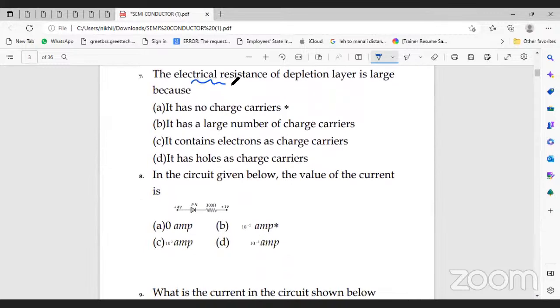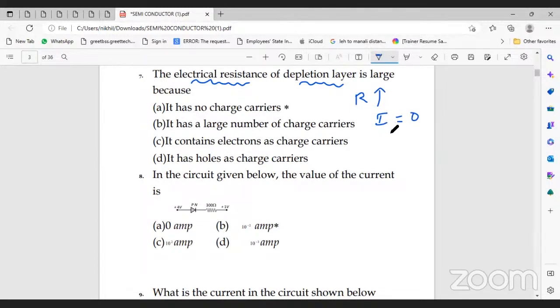The electrical resistance of the depletion layer is large. If the electrical resistance is very large, can you conclude the current is almost zero? Because resistance is the opposition to the flow of current. If resistance is more, current will be zero.